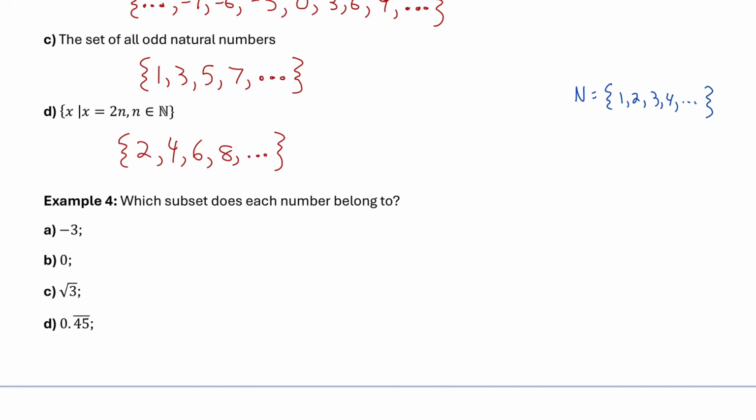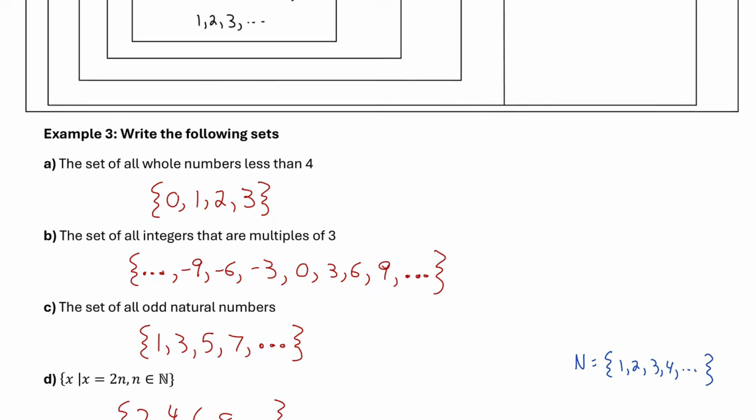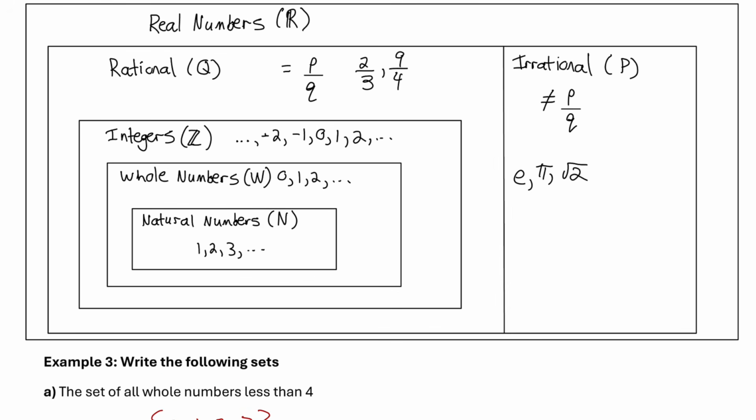And the last example of this lesson, it just says each of these numbers, which subset or subsets does each number belong to? So this number, negative 3, if we look back up to our Venn diagram of our sets, negative 3 is not a natural number.